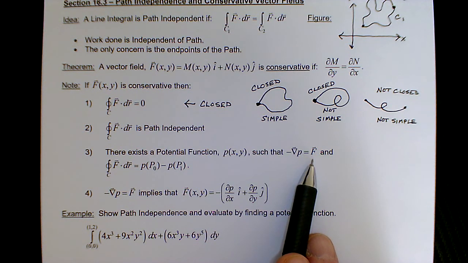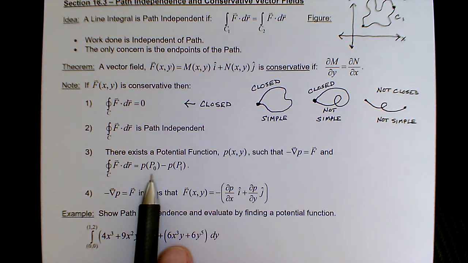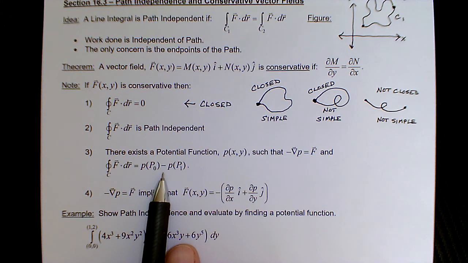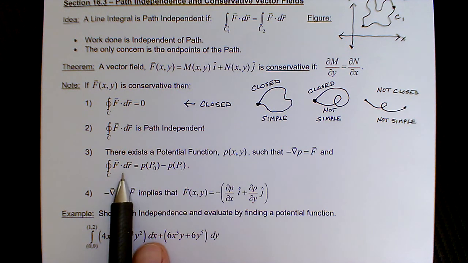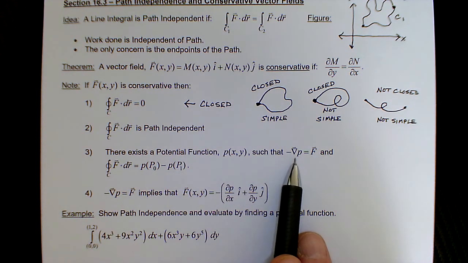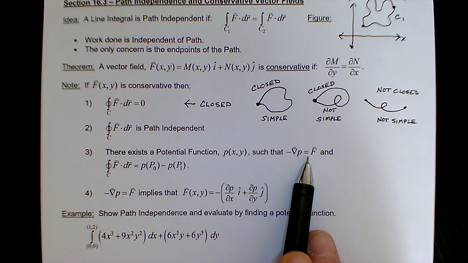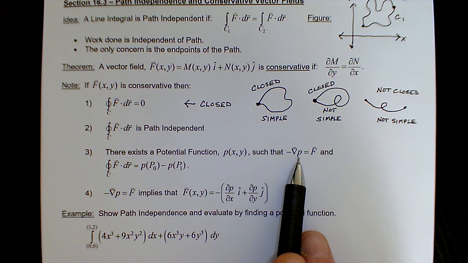And furthermore, the integral is going to be equal to the potential function from the starting point, almost like the definite integral, but it's the starting point, P sub 0, minus the ending point. The potential function evaluated is going to be that integral. And also this implies that F of x, y is del of P, the potential function.